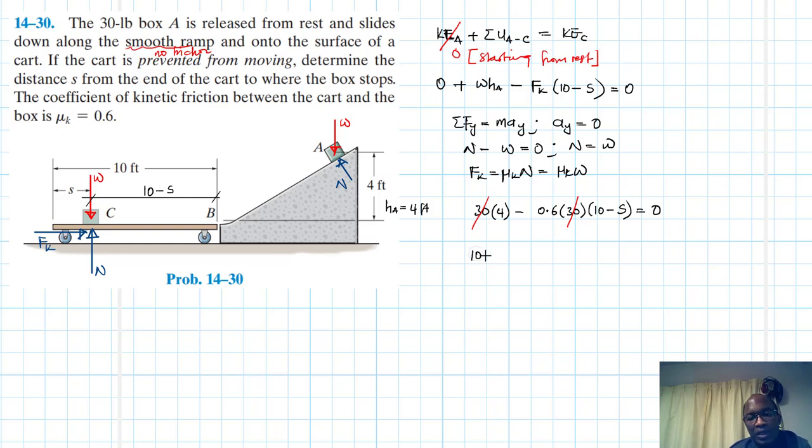Therefore 10 minus s is equal to 4 divided by 0.6.